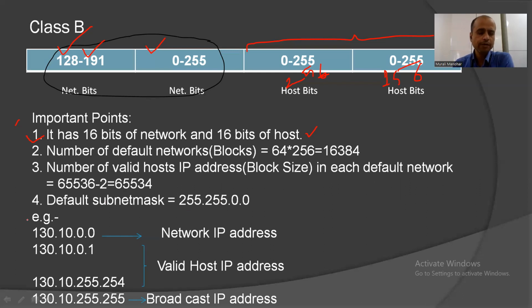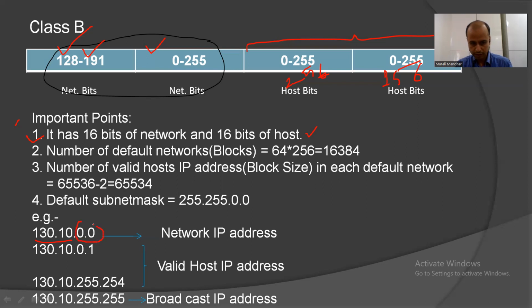Okay, just see one example from this class. Like I have taken the value 130.10. Now these two values will represent a network, so these two values will be constant from beginning to end. And we can make different changes with the rest two parts.